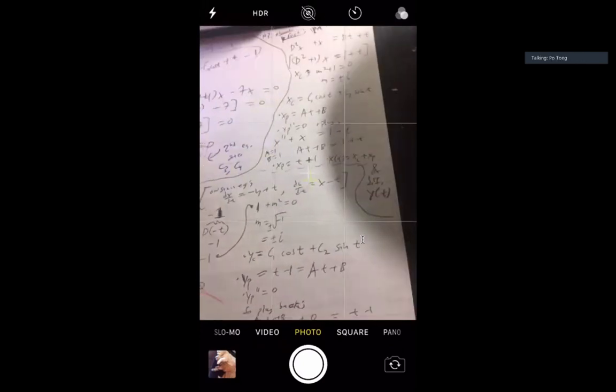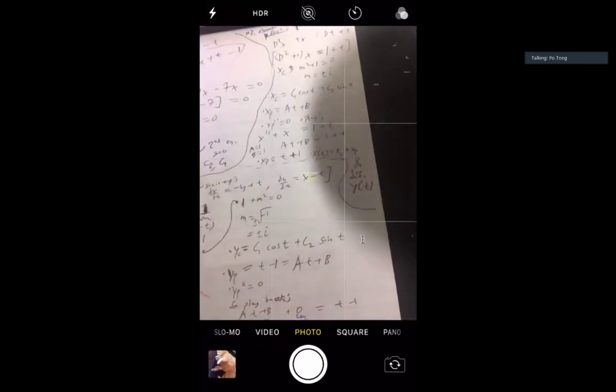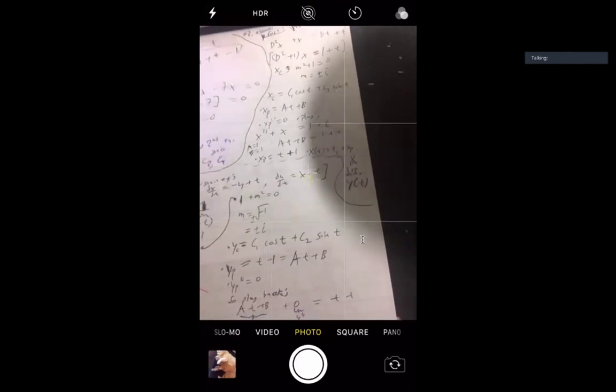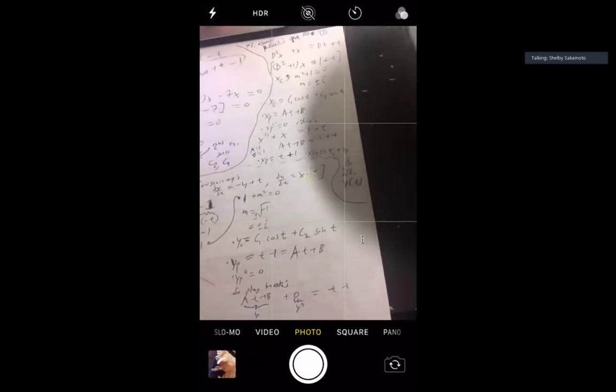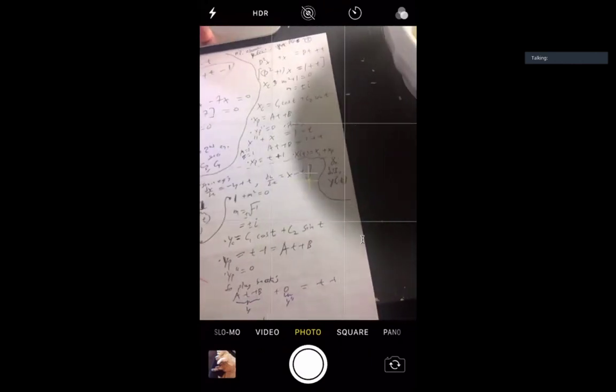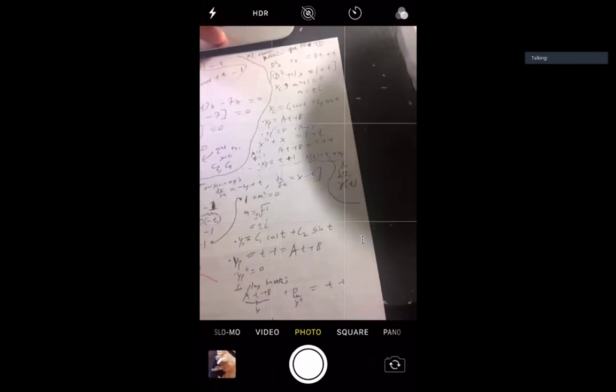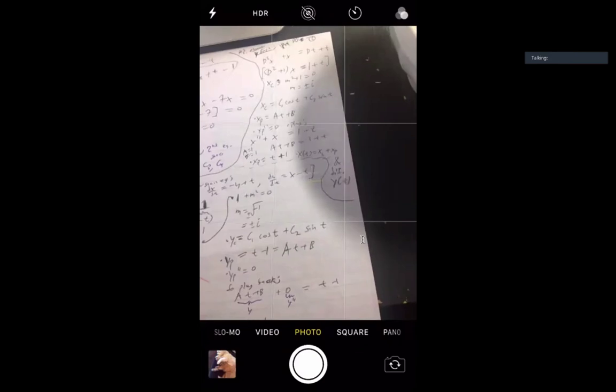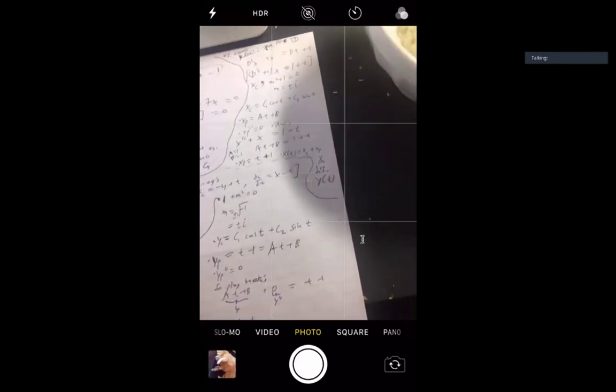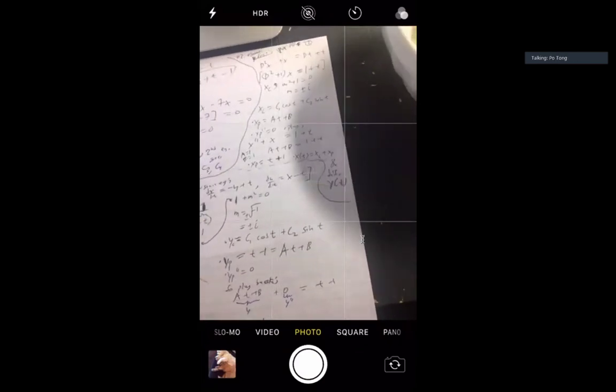Whatever answer you get, do you have a C1 and C2 or C3 and C4? Oh, I did it with C1 and C2. And are C1 and C2 for x or for y? For both of them. Right, but for both of them, one of them is just C1, C2.